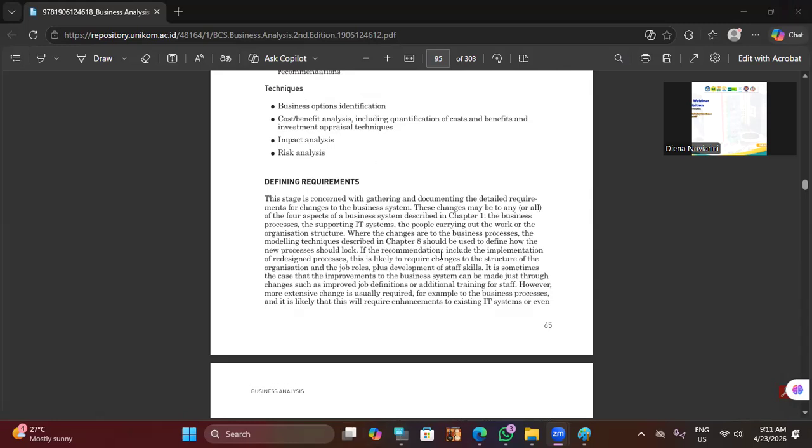And if the recommendations include the implementation of the designed process, this is likely to require changes to the structure of the organization and job roles, plus development of staff skills.